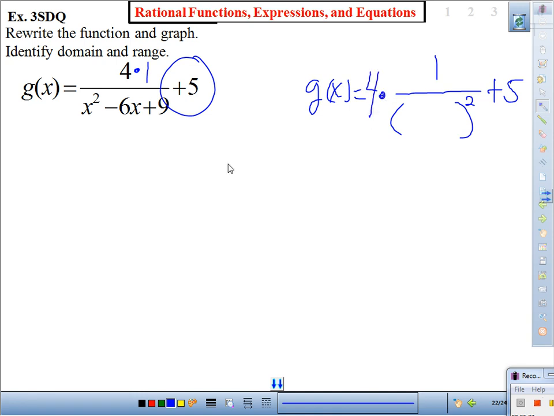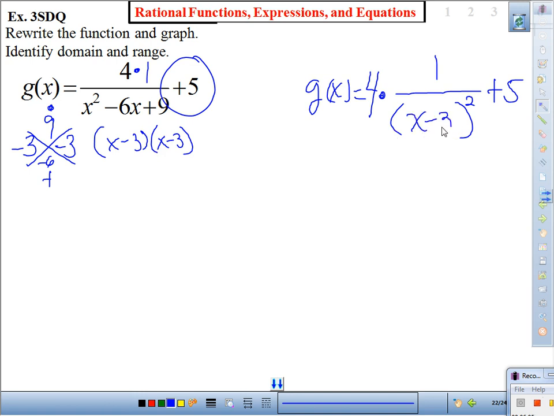Okay. So how do we find the factors of this? There it is. Factors of 9 that add up to negative 6. Negative 3 times negative 3. That gives us 9, and if we add those, it's negative 6. So my factors are x minus 3, x minus 3, and what's another way of writing that? x minus 3 squared.